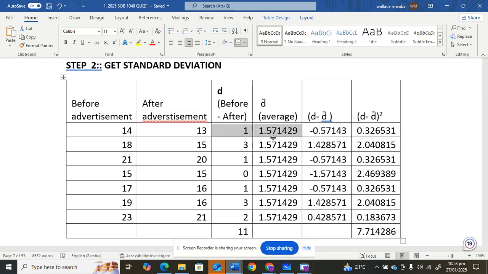X bar. Yes, we can use X bar. Colleagues, are we okay with X bar? Since there are two D's, maybe it's confusing.